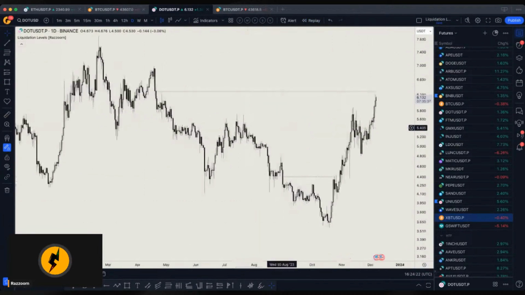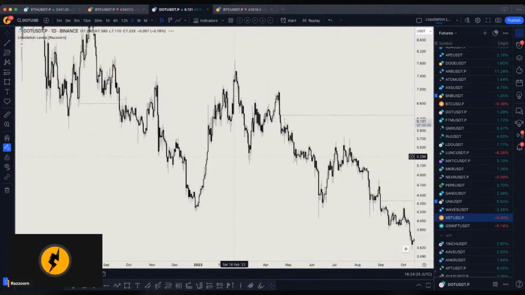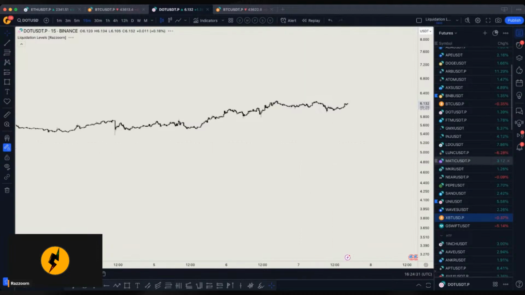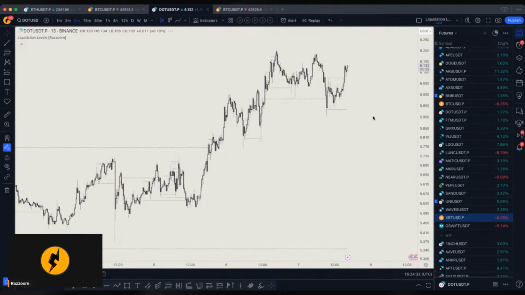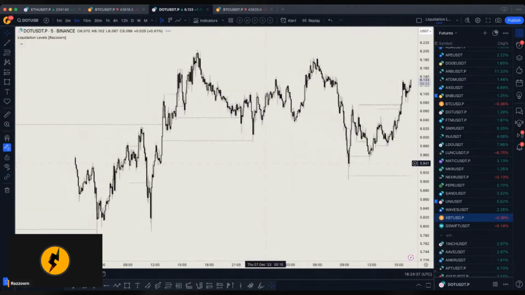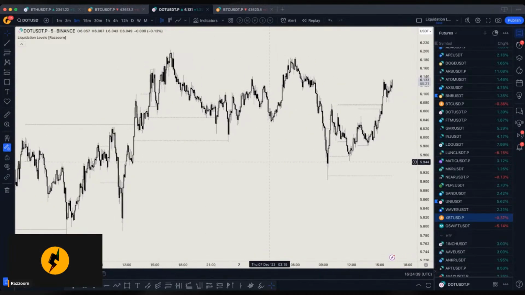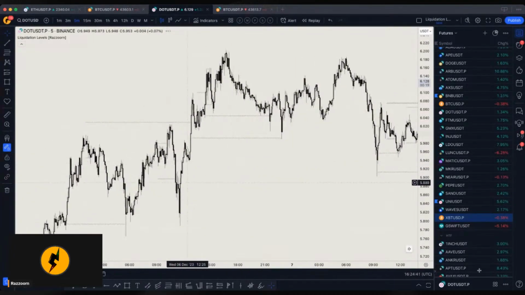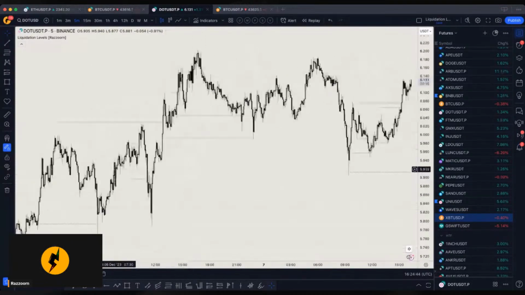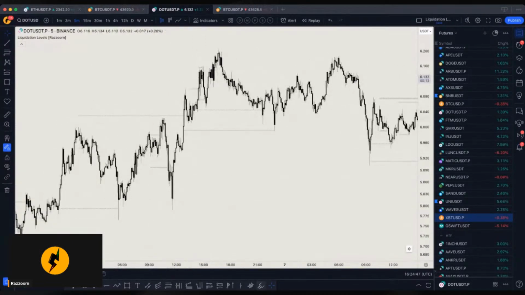As I said, you're going to get a lot of good and pretty accurate levels on the daily, but I prefer to use it on lower time frames, like 5 minutes, 3 minutes, even 1 minute. That's how accurate the levels are. For example, like this one right here, this one, right?